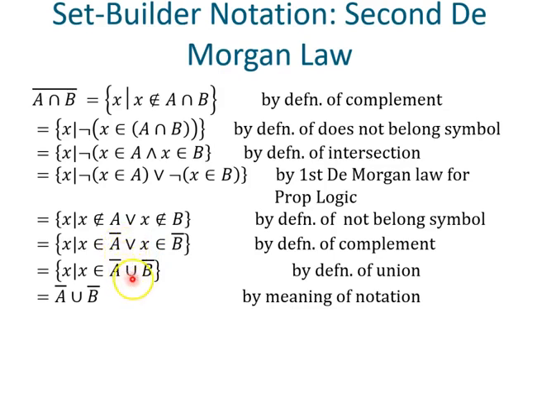Disjunction corresponds to union. So this means that x is an element of A bar union with B bar. And this set is just the union of A bar and B bar. So we prove that the complement of intersection of A and B is equal to union of complement of A, complement of B.